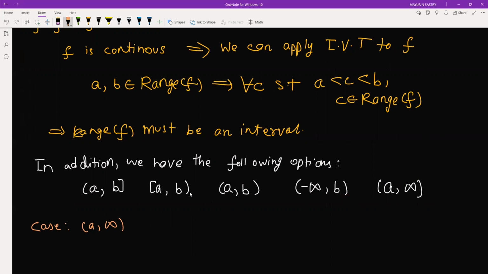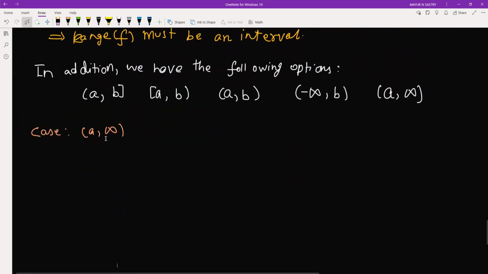And for closed a comma b open and minus infinity comma b open, the symmetric idea will work, just like how in part B we gave similar or symmetric arguments about why just proving for minus infinity comma b would suffice. Why is this not possible? We want to show that open a comma infinity cannot be the range of f.